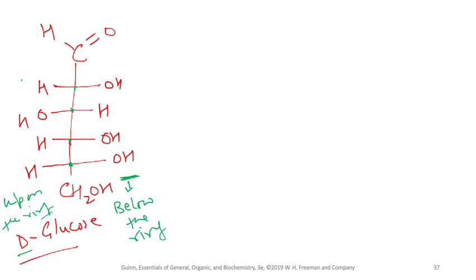So let's now learn how to convert a Fischer to a Haworth. The first step is to take the hydrogen on the hydroxyl group from the last chiral center, take it out, and put it over here. So I am removing this hydrogen from here.